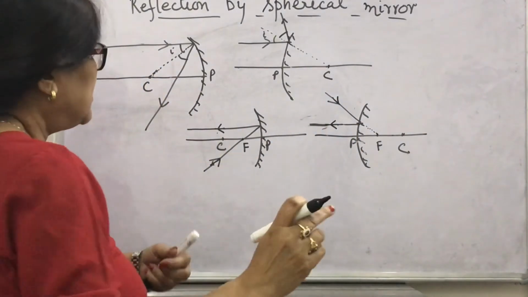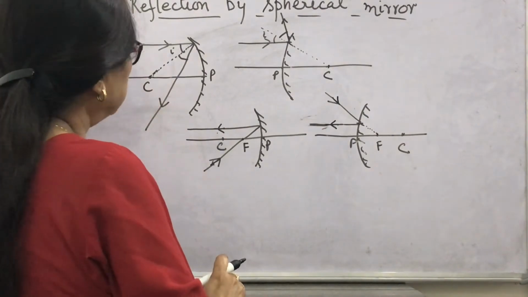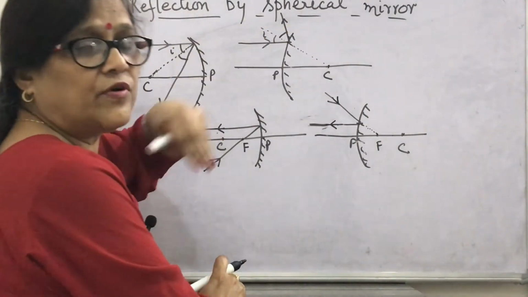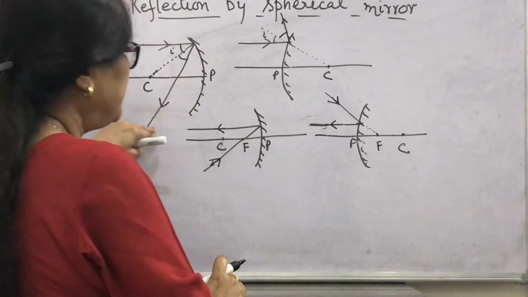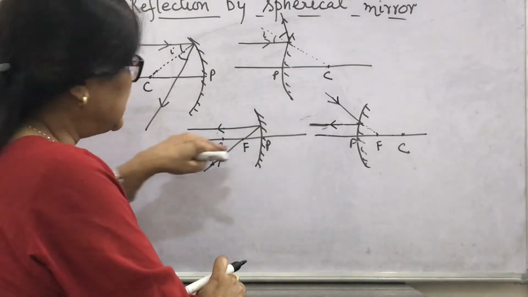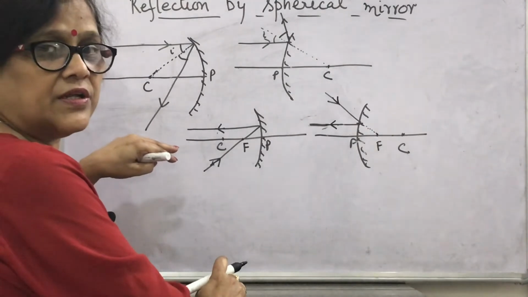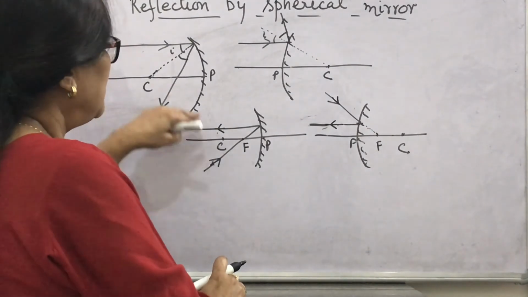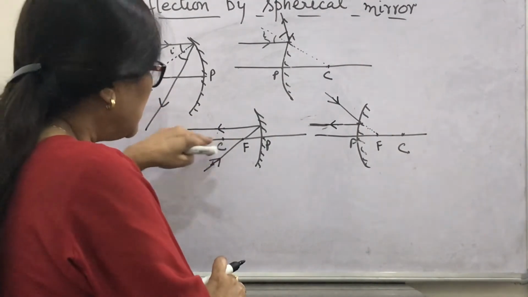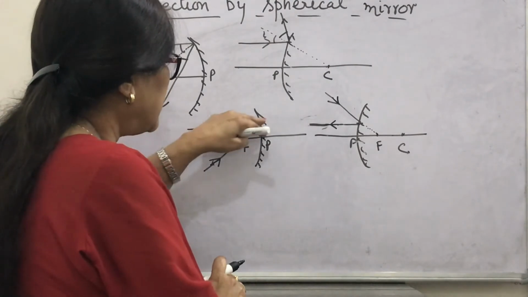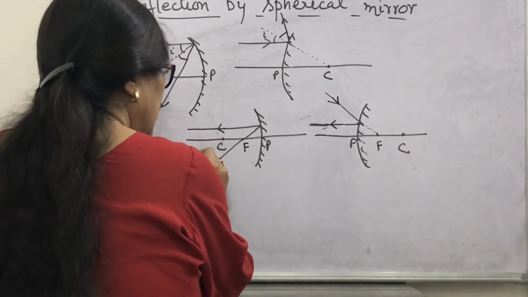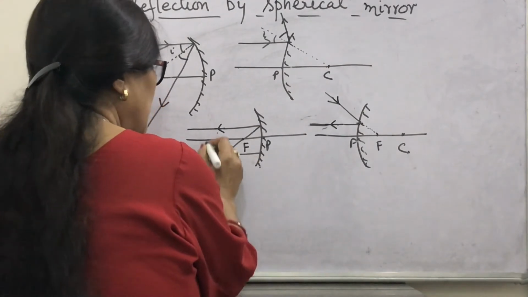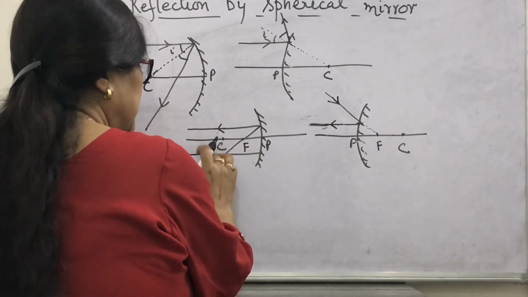Note down, the rays parallel to the principal axis come from infinity, and the rays which are reflected parallel to the principal axis go to infinity. So these are the rules for how parallel rays are focused. If you take another ray incident like this, both are parallel to the principal axis.